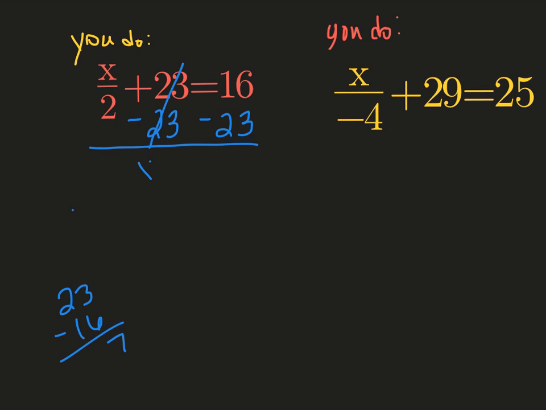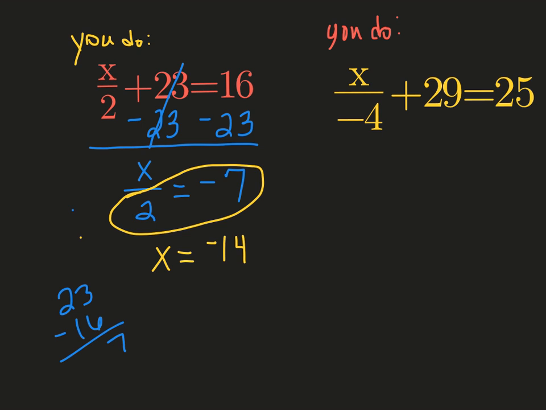So I have x over 2 equals negative 7 because I had more negatives than I had positives. So now I'm going to do my last step, which is the opposite of division, which is multiplication. So x equals, and my signs are different, so my answer is negative 14. Hope you got that one right.